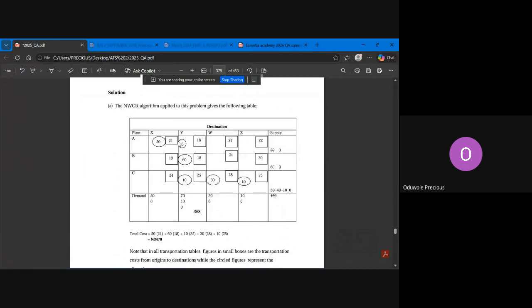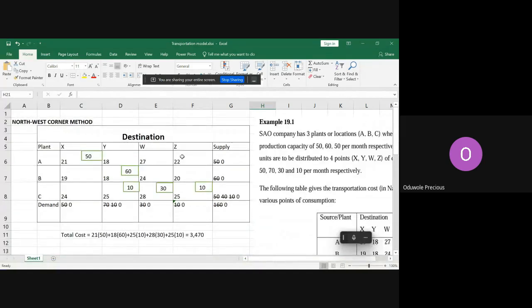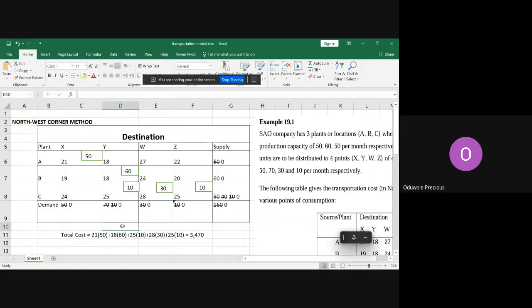Their own cost was inside the box, meanwhile the allocation was in circles. My solution was out in this box, it's like outside the box, and my allocation was inside the box. Any way you want to use it, they cannot penalize you for putting one inside the box or one outside the box. It's still going to give you the same thing actually.